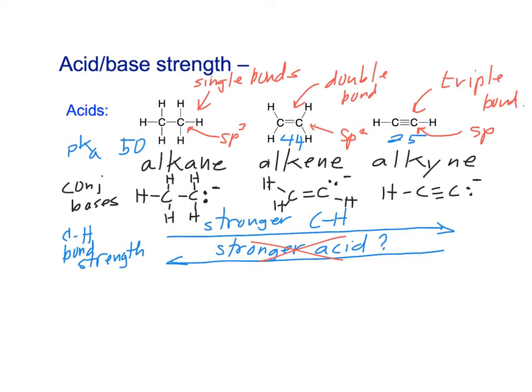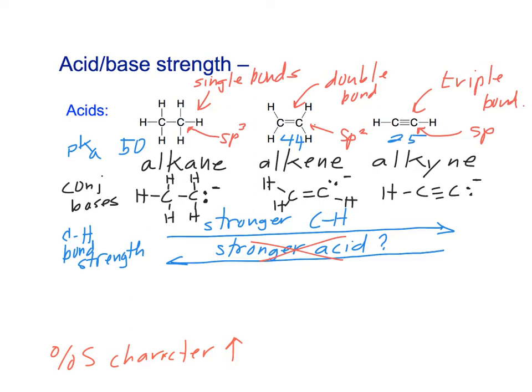Well, it's probably not obvious here. So the way that this works is that as we increase the percentage of s character, as this increases, the energy of the orbital goes down, because an s orbital is lower in energy than the p orbital.